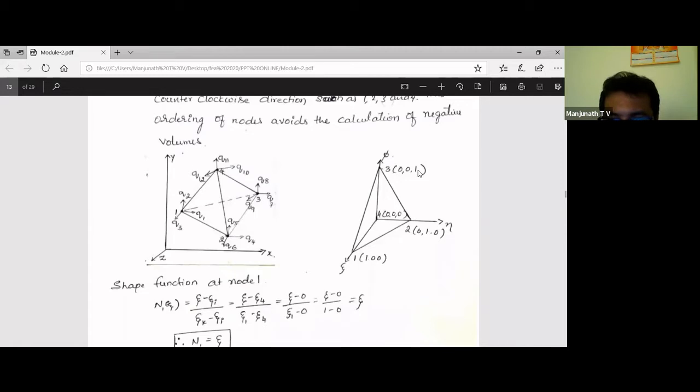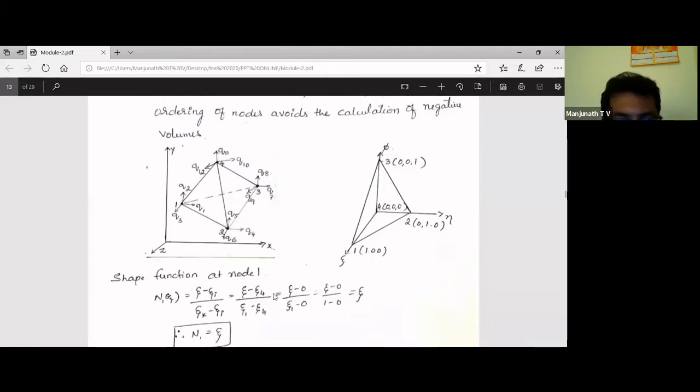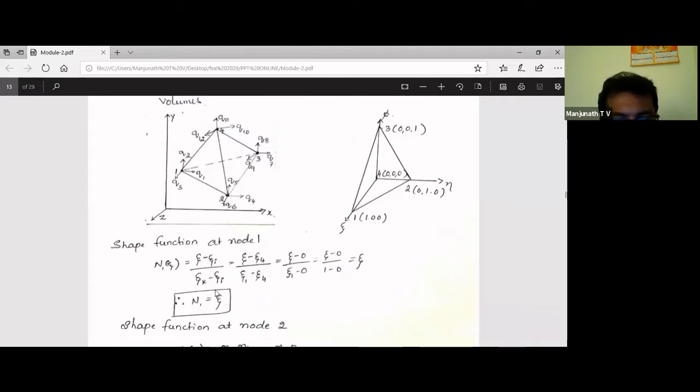Clear? By using these coordinate values in the Lagrange's function, we can obtain the shape functions at node number 1, 2, 3, 4. So the coordinate values at node number 1, 2, 3, 4 are most important. Just consider this counterclockwise direction, node number 1, node number 2, node number 3, node number 4.